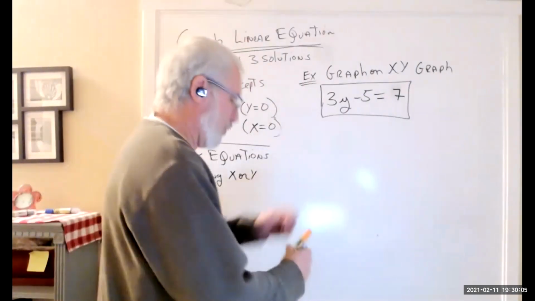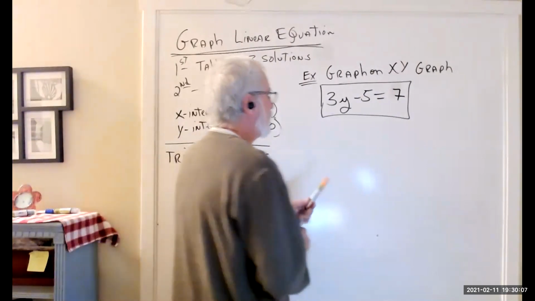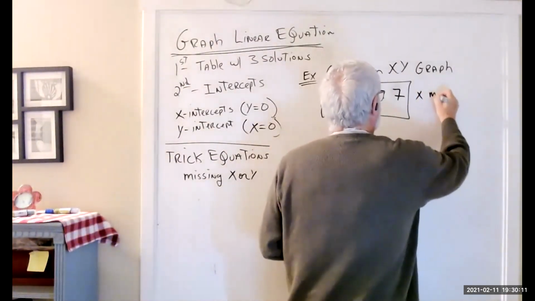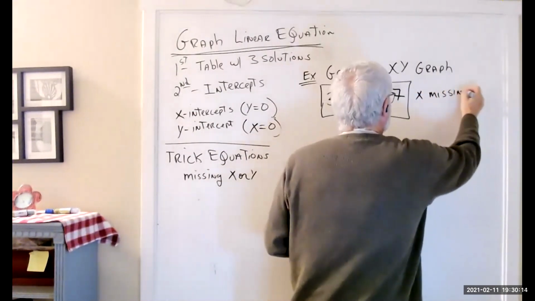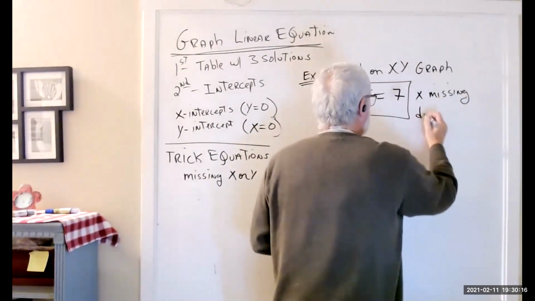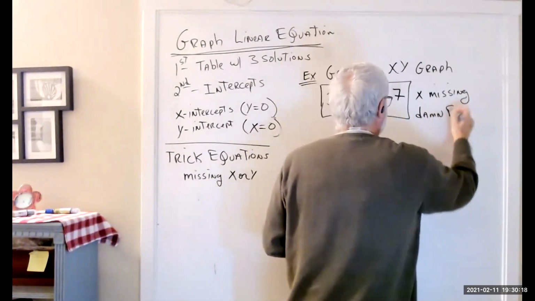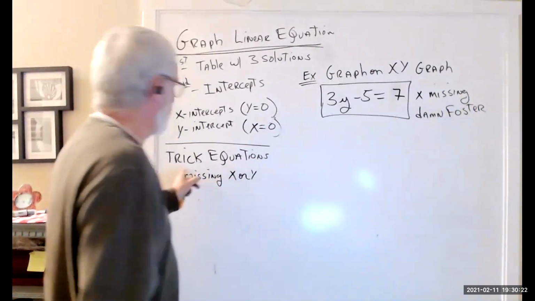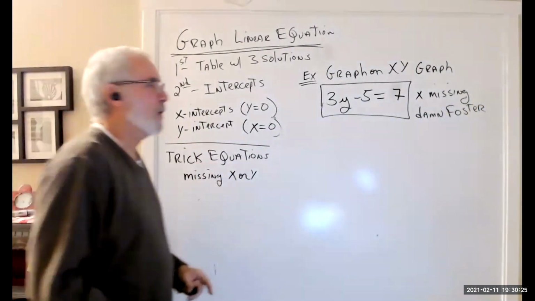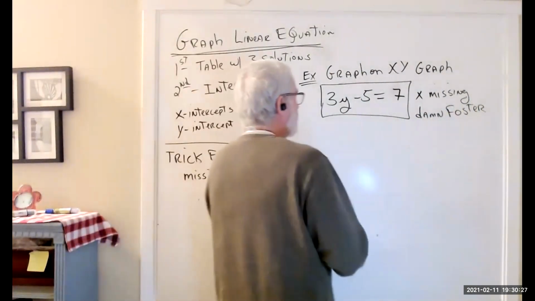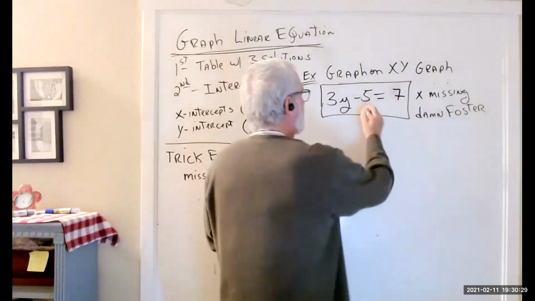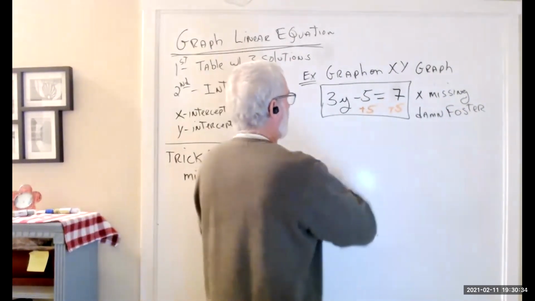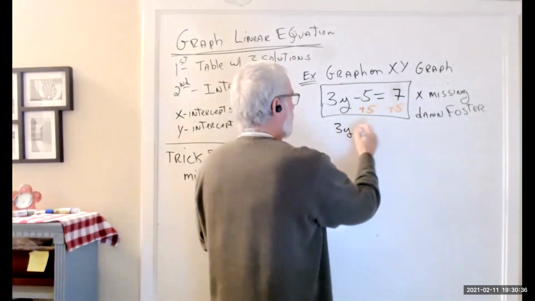All right. So the first thing I would do is I would look at this and say, uh-oh, X is missing. Because I've thrown a trick at you and I want to see, can you handle the trick? So I think the first thing I would do is add 5 to both sides. So I'd get 3y equals 12.